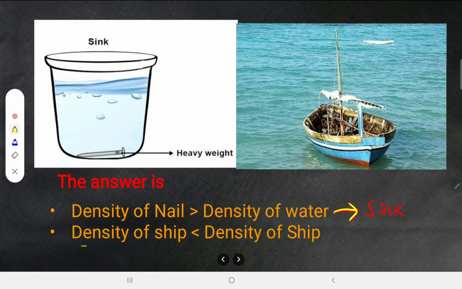If the density of any material, it may be a ship, it may be anything else, is less than the density of water, definitely it is going to float.